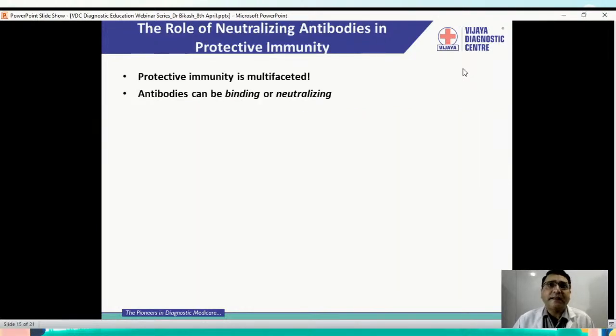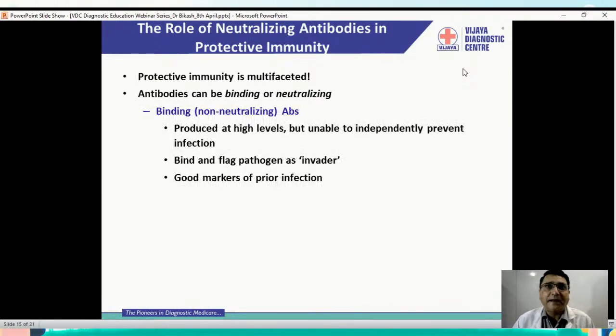Now, the role of neutralizing antibodies in protective immunity. First of all, we need to understand that protective immunity is multifaceted. Antibodies, just as we talked about right now, can be binding or neutralizing. Binding or non-neutralizing antibodies are produced at high levels but are unable to independently prevent infections.